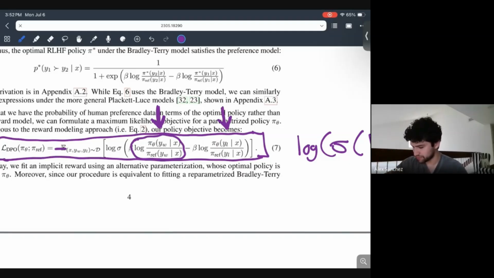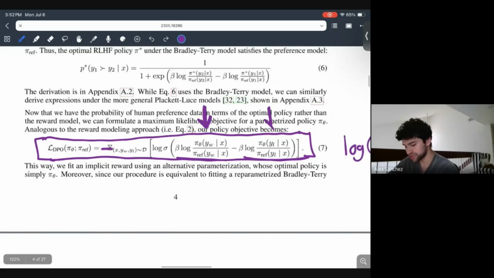We talked about that. The beta is the same hyperparameter. We're basically getting this KL score and then this score, subtracting them, and we want to get this as high as possible. We want to get the difference between the two as high as possible. That's basically it. I mean, that's our implicit reward, and implementing it is extremely simple.